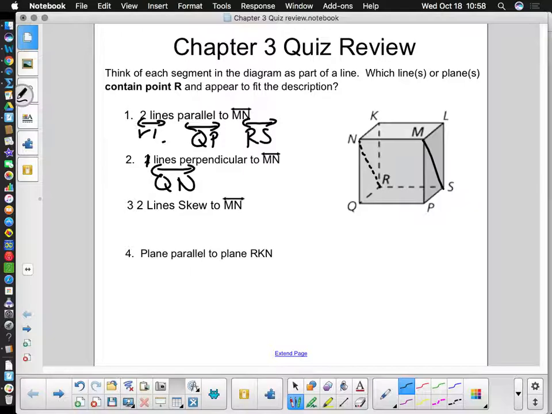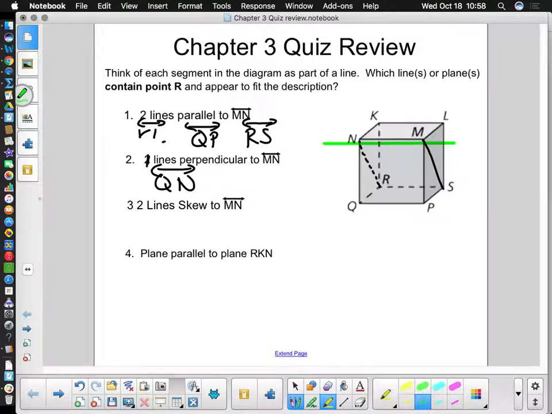Okay. 2 lines skew to MN containing point R. Now there are 2 available here. Skew means that they are not parallel, but they don't intersect because they're not in the same plane. So it's like one going up high and one going down low.